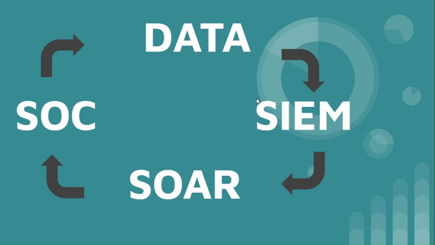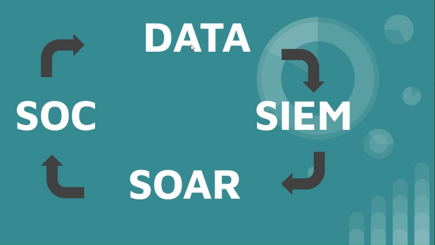This slide, take a screenshot of it, remember it, memorize it. Don't forget it, because this is extremely critical: there are levels to security. As you can see, we start with data. That was our last video.